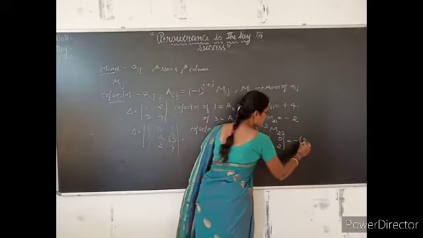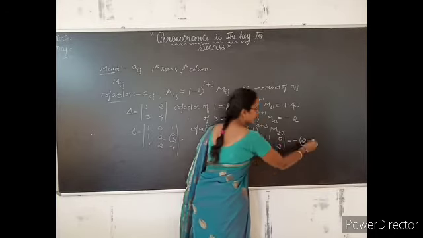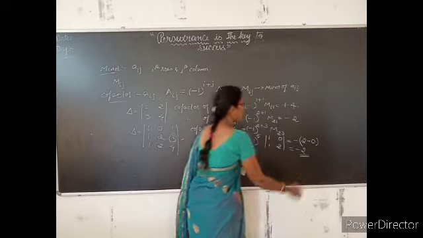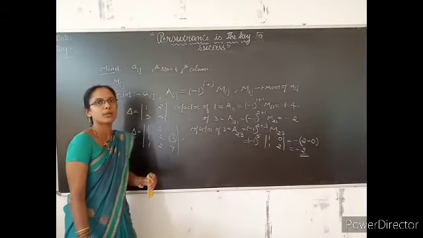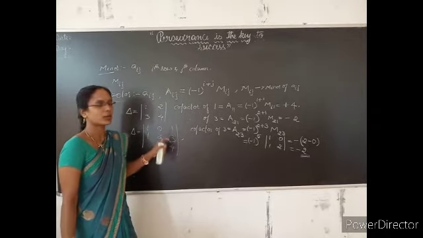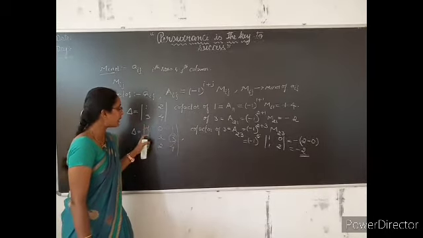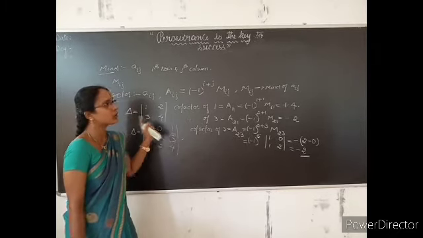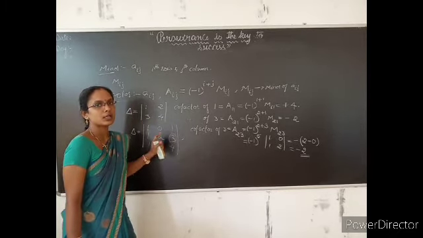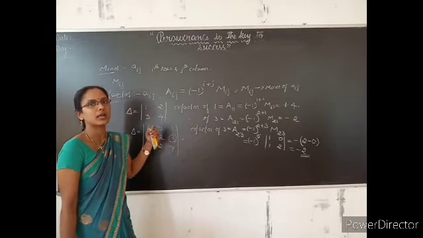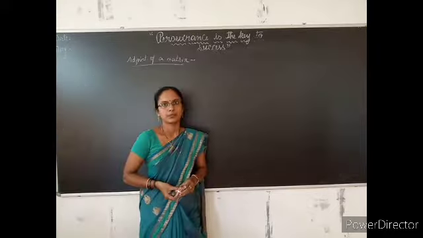So 1 into 2 is 2, minus 1 into 0 is 0. Therefore, the cofactor of the element 3 is equal to minus 2. Similarly, we can find the cofactor of each and every element of the determinant. So this is about the cofactor and minor. Using this cofactor and minor, we can expand any determinant.